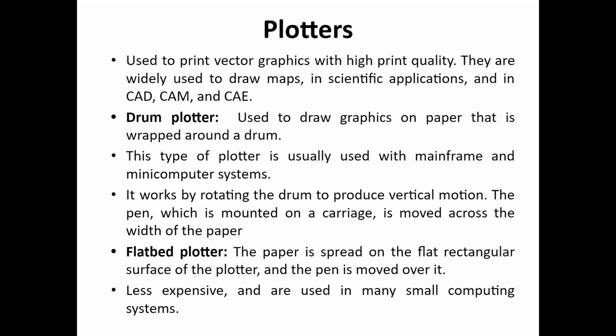The pens are kept in the holders, which can move left to right as well as right to left. The graph plotting program controls the movement of pen and paper, right? And also this type of plotter is usually used with mainframe and minicomputer systems, right? And I have already explained to you how it works.